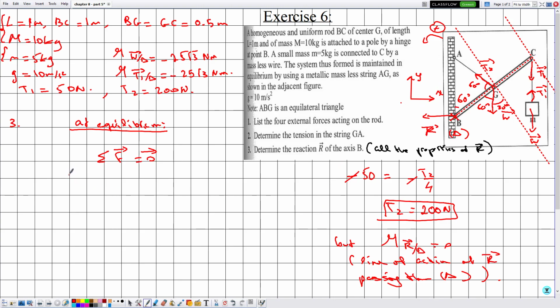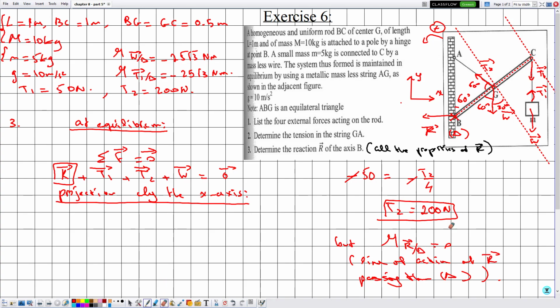Now the different forces acting on the system are the reaction R plus tension T1 plus tension T2 plus the weight, equal to the 0 vector. We are interested in R, so we need to determine Rx and Ry, and this can be done by projecting once along the X and once along the Y. Projection along the X-axis.